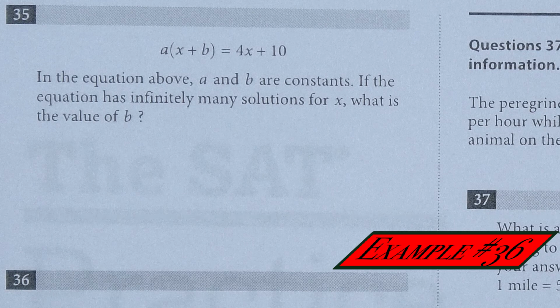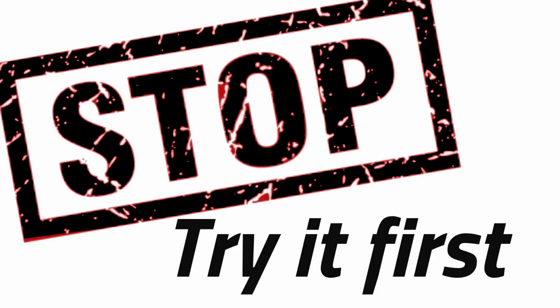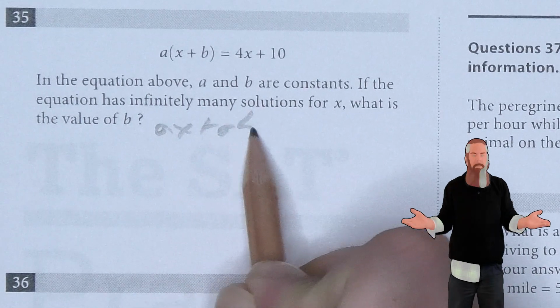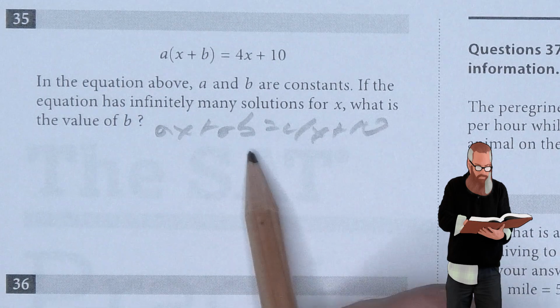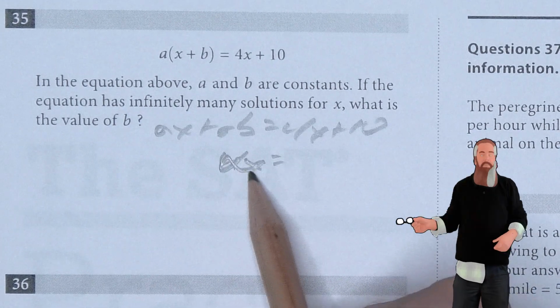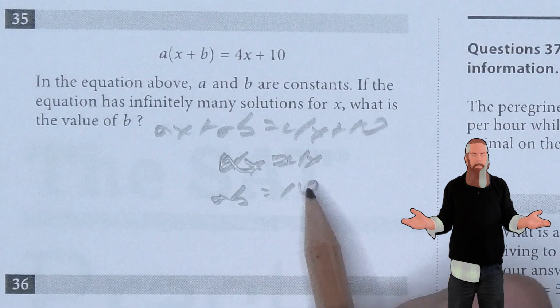In the equation above, a and b are constants. If the equation has infinitely many solutions for x, what is the value of b? So we're going to distribute this and get ax plus ab is equal to 4x plus 10. From this, we can tell that ax is equal to 4x and that ab is equal to 10.